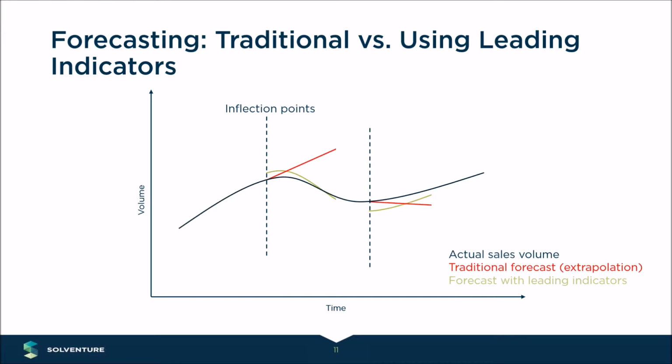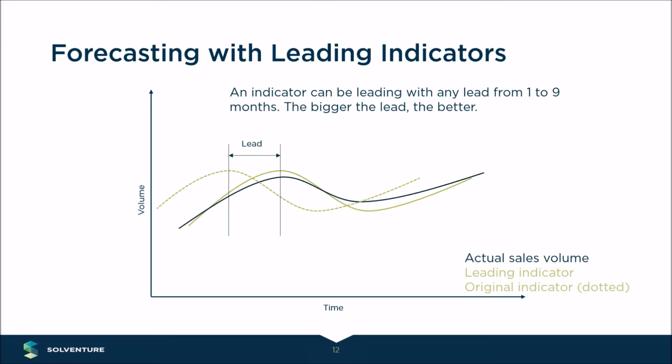That's what we're looking for. And of course we want to have leading indicators. So I'm looking for indicators which at least 3 to 4 months ahead tell me that if there is a peak in the indicator today, I know that there will be a peak in the sales 3 to 4 months later. That's what we will be looking for. We will show specific examples later on in the presentation.